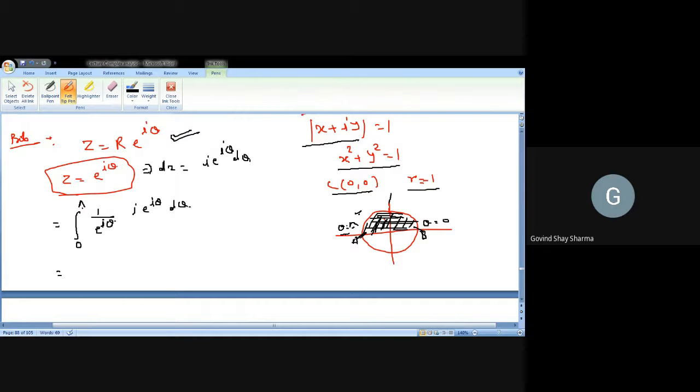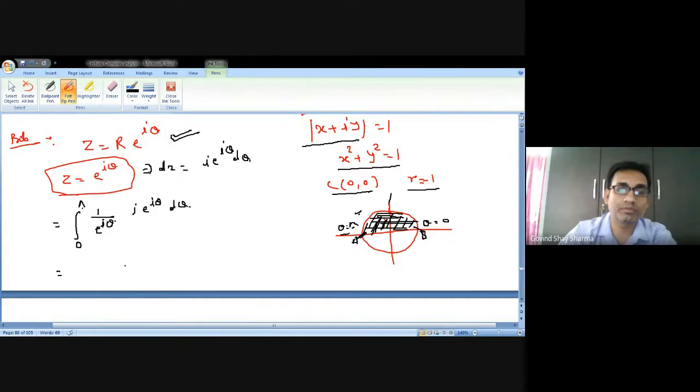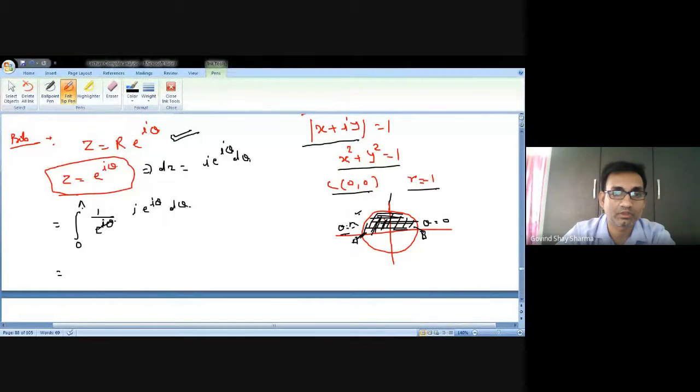So e to the power iota theta cancels, and it becomes the integral from 0 to pi of iota. Now the integration of this iota from 0 to pi becomes iota pi minus iota theta, with the limit put in, plus 0.